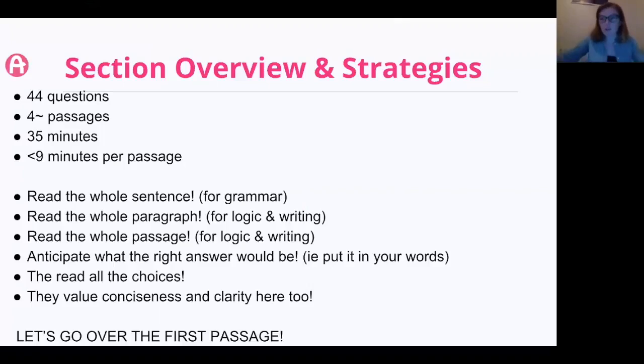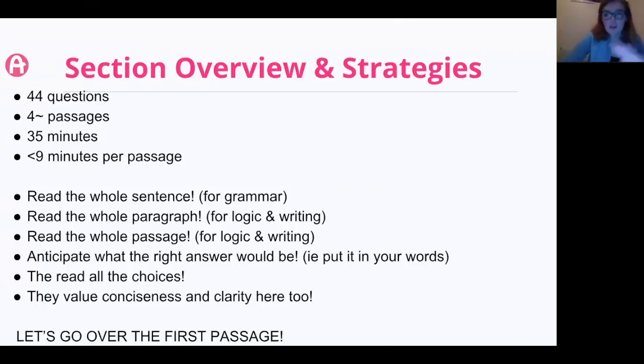One of the first mistakes that you'll see students make is just reading the underlined phrase, which is what they're trying to get you to edit, but that's within the context of a greater ecosystem of the sentence, if that makes sense.